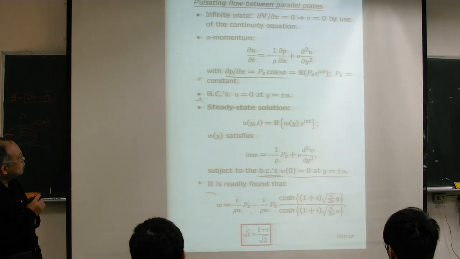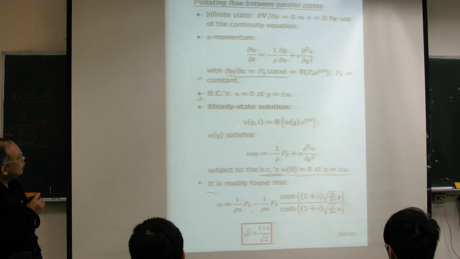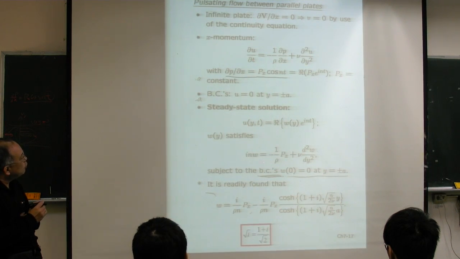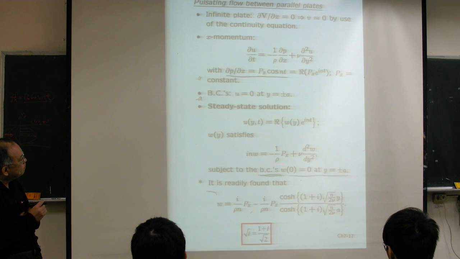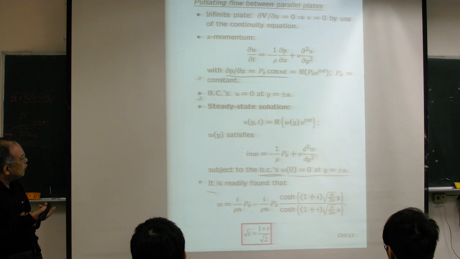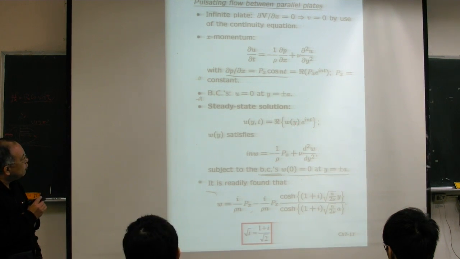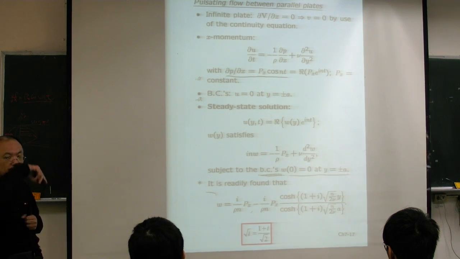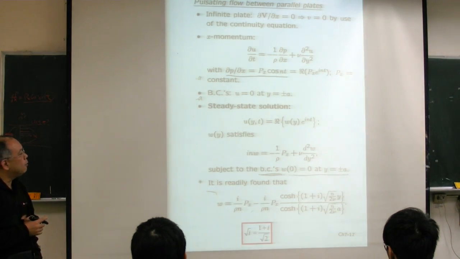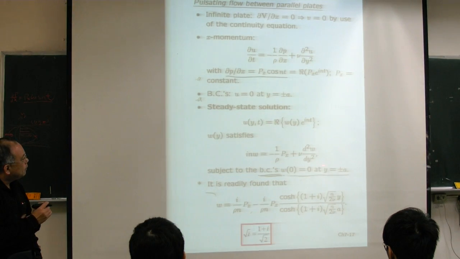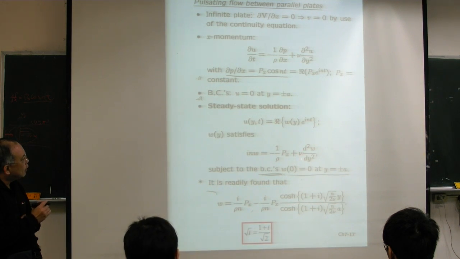So we substitute this solution form into the x momentum equation, and you get this. Eventually you get the W function, and you can solve for it. Since W is only a function of y, eventually you will get one so-called ODE, ordinary differential equation, for W. So this is d squared W dy squared, the second order term.